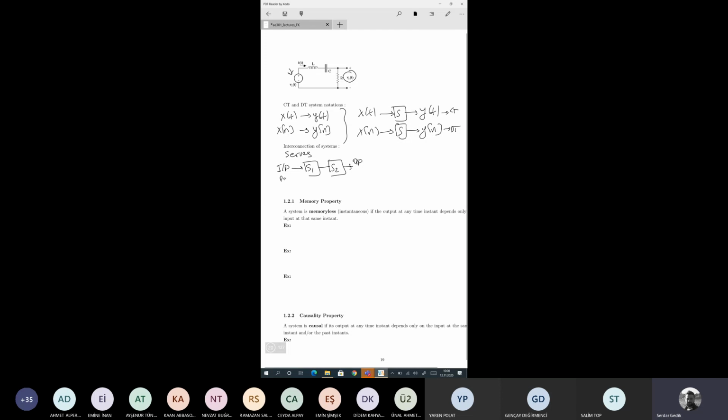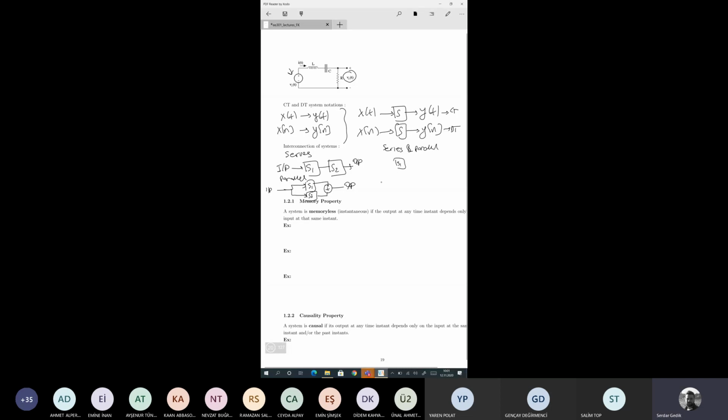Or if you have parallel systems, then in this case, I have S1 here, S2 here, they are parallel. I have the input, it is fed to both S1 and S2, and the outputs are summed, and I have the output.